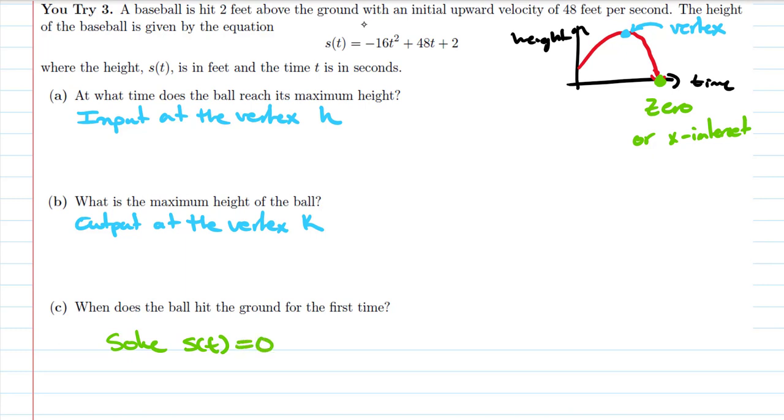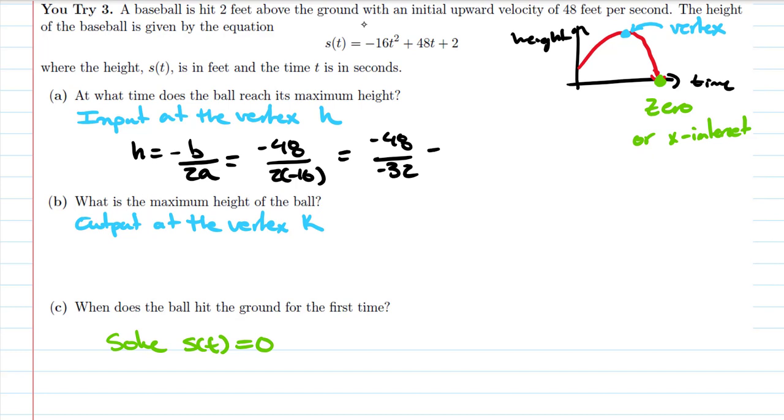So to find our vertex for part A, h is equal to negative b over 2a, which is going to be negative 48 over 2 times negative 16. So that's negative 48 over negative 32, which reduces to 3/2 or 1.5 seconds. So the ball is going to reach its maximum height after 1.5 seconds.